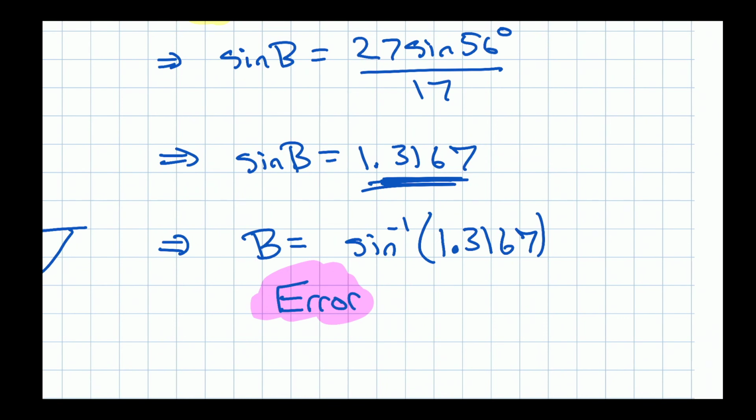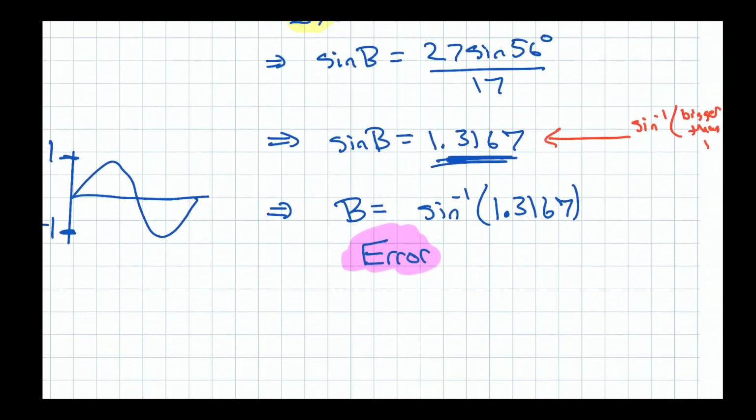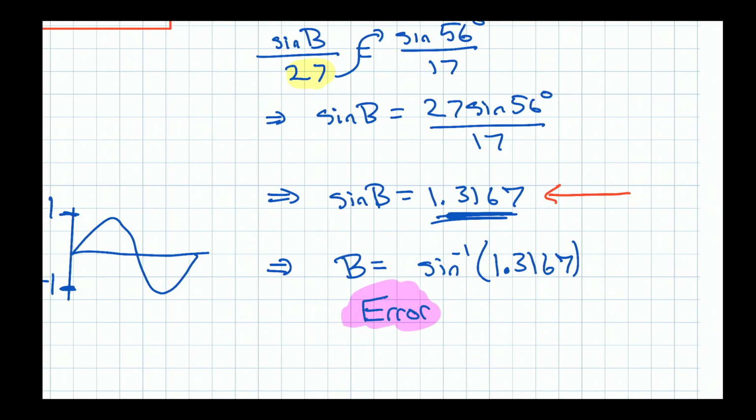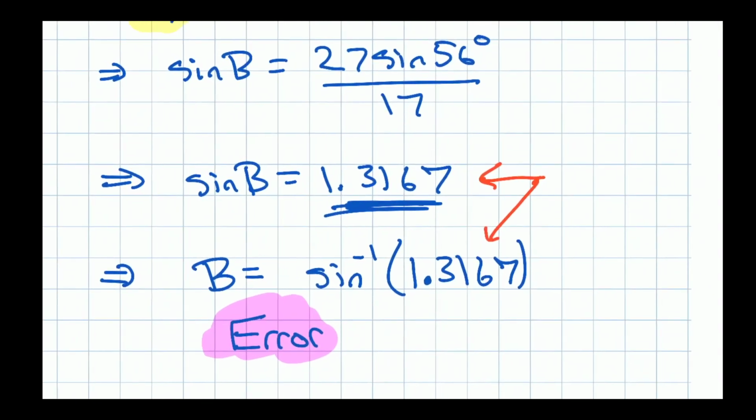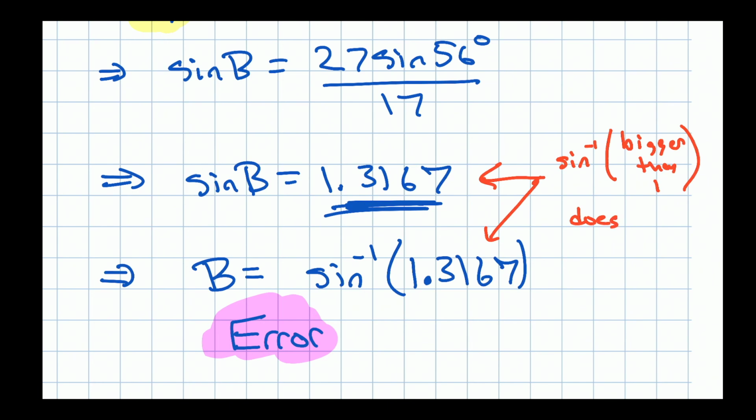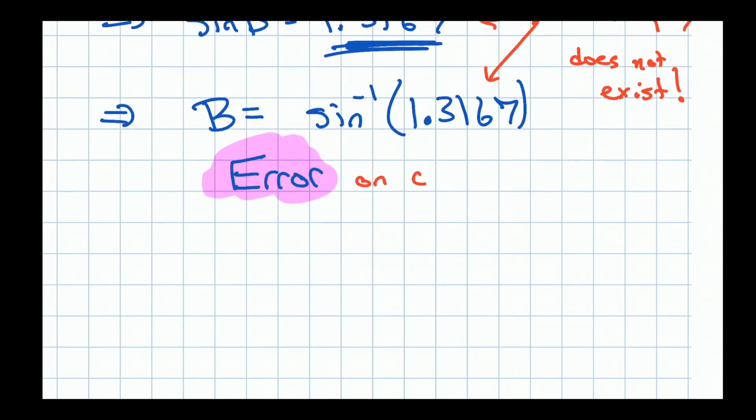So let's say that: sine inverse of a number bigger than 1 doesn't exist. So you get an error on your calculator.